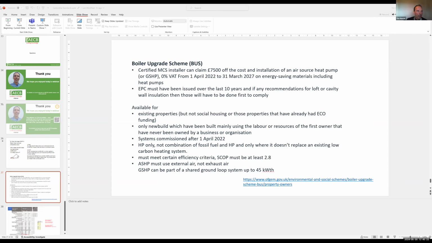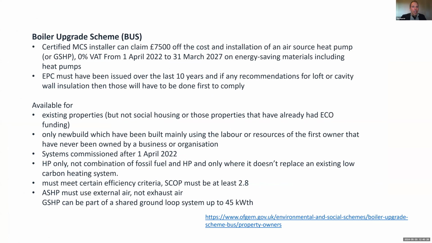I could talk about, if I just share the slides again, I could talk for a moment about the boiler upgrade scheme, because if you're talking about getting a new air source heat pump, there is a boiler upgrade scheme.